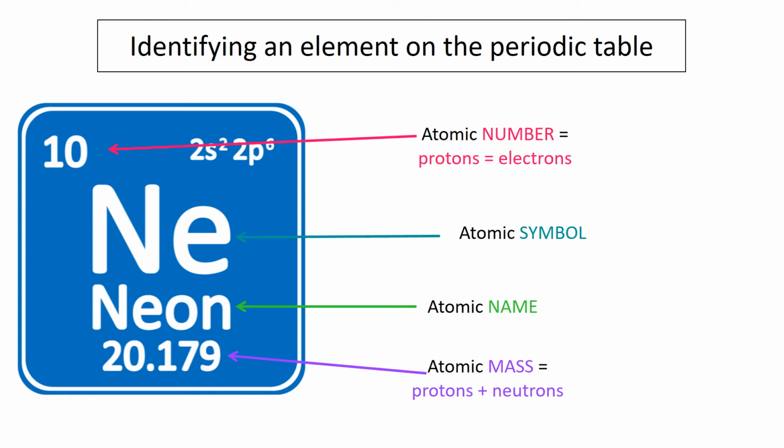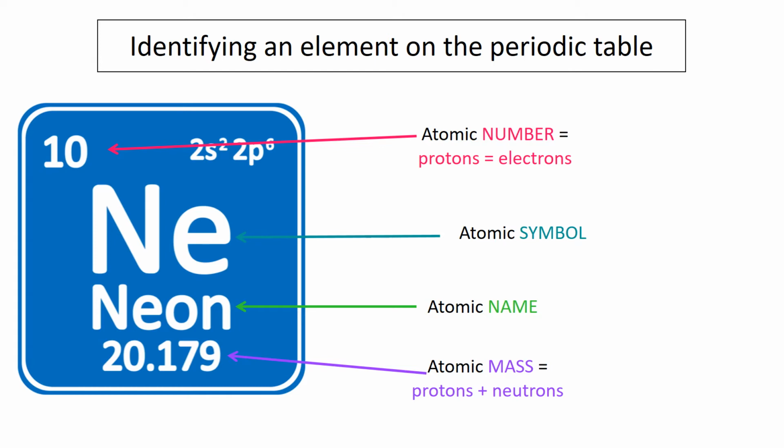Each element is going to have an atomic number. An atomic number is equal to the number of protons, and in a neutral element, that number is also going to equal the number of electrons. Each element is going to have an atomic symbol. In this case, we're talking about Ne.